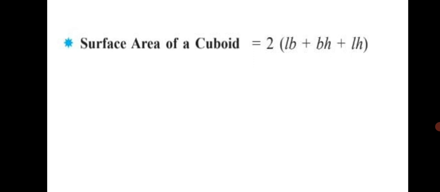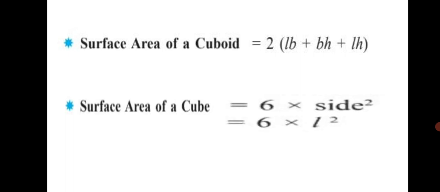And the second formula, surface area of a cube is equal to 6 into side square or 6 into L square, where L is the side of the cube. So this way we have got 2 formulas. You have to write them neatly in your book before you begin with practice set 47. And do memorize these 2 important formulas that you have learned.